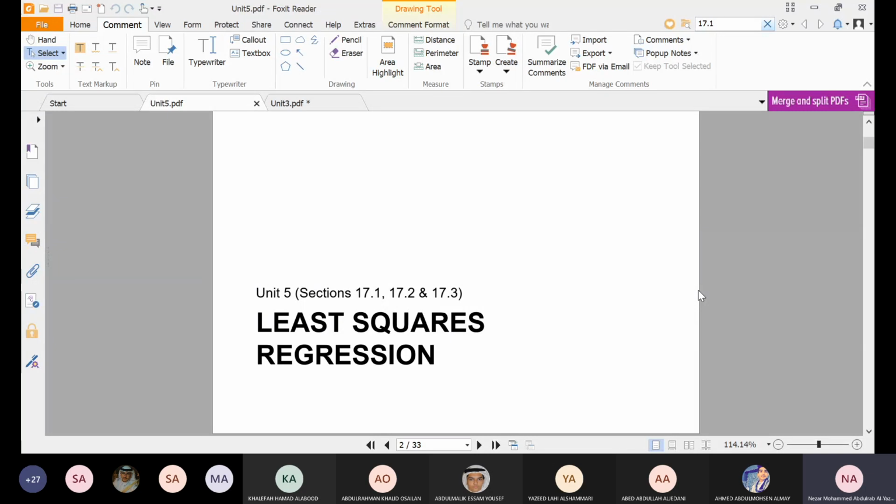So here usually, as we know, we have data, for example consisting of x's with respect to y's. This data is for y as a function of some independent variable, for example x, but the underlying relationship between them is unknown. This data might be measured data or tabulated data.